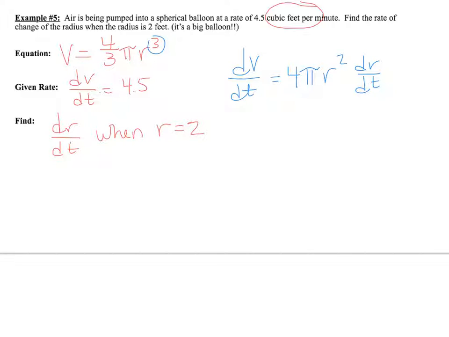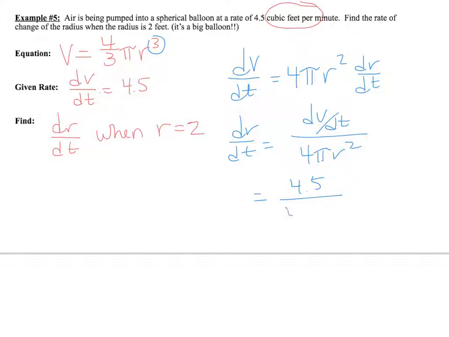And I am trying to find dr/dt, so I know that dr/dt can be found by taking dV/dt divided by 4 pi r squared. I am given that dV/dt is 4.5, 4 pi is constant, r squared, while r is equal to 2, so r squared is 4.